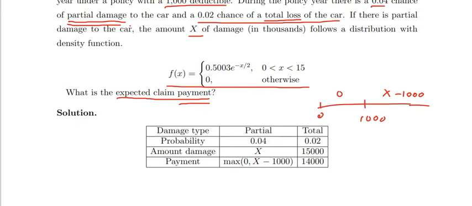We can also say payment is the maximum of 0 and x minus 1000. If x minus 1000 is less than 0, we just take 0. For total damage, we list the probability, the damage, and the payment.